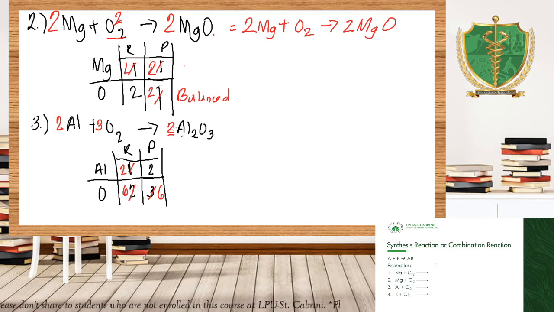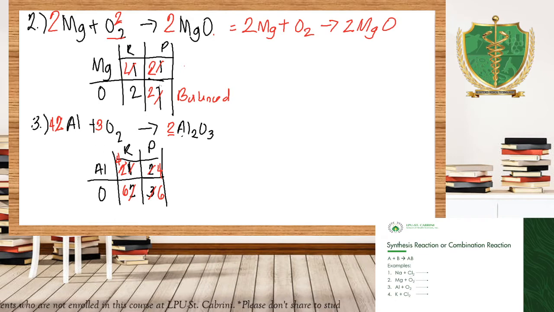So if that is 2 times 2, this becomes 4. Meaning to say, you have to change again this coefficient to 4. Bakit 4? Because this is 4. So simply, that will be 4.